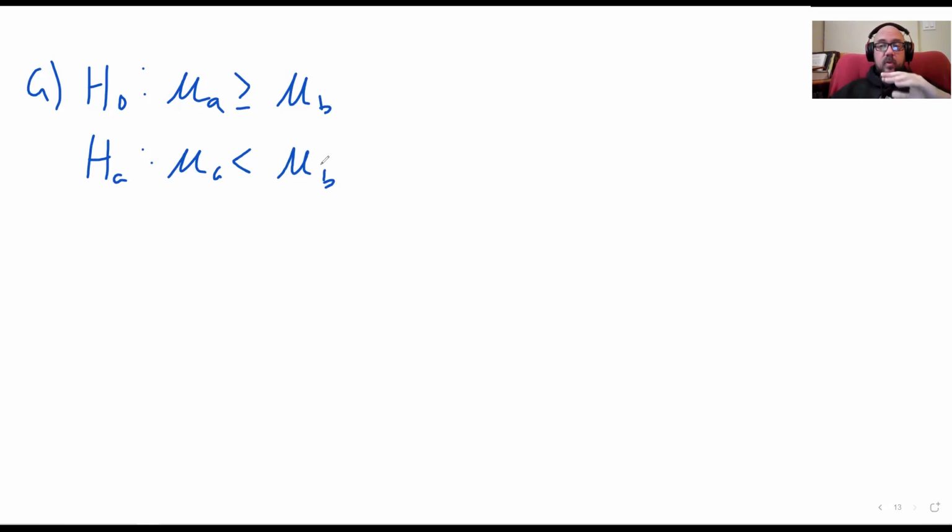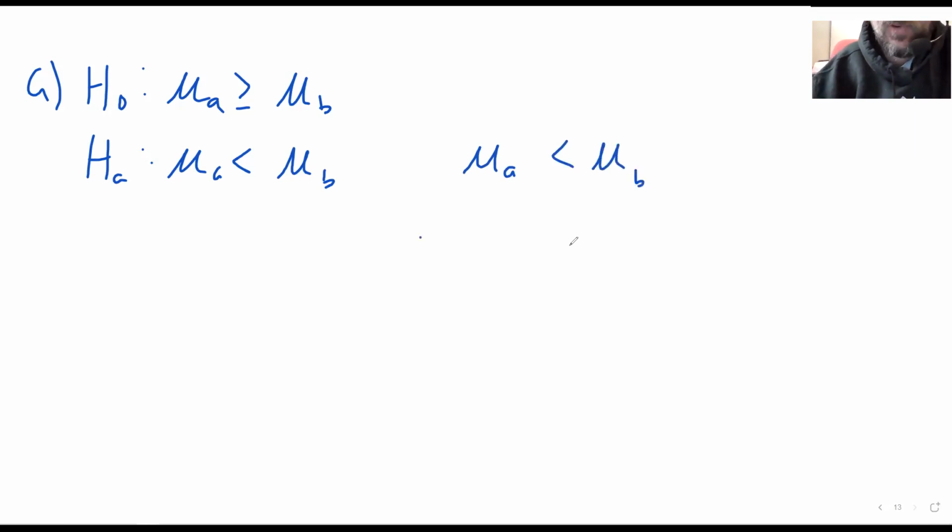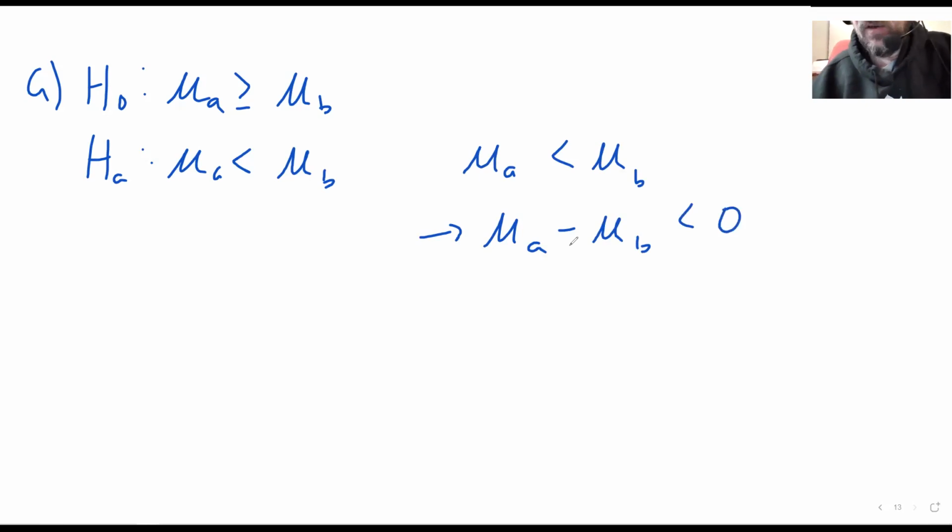Okay, here's a really important thing to notice. I need mu A less than mu B. This corresponds to mu A minus mu B is less than 0. All I just did was some basic algebra. I just subtracted mu B from both sides.